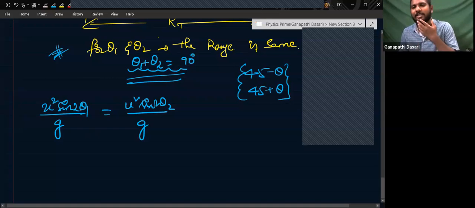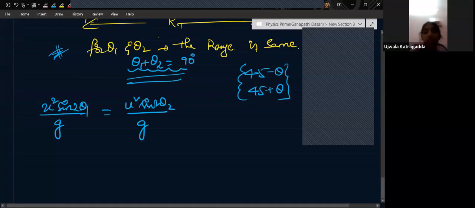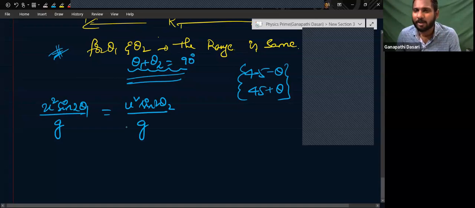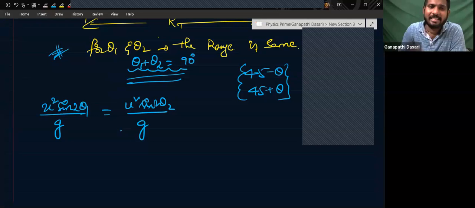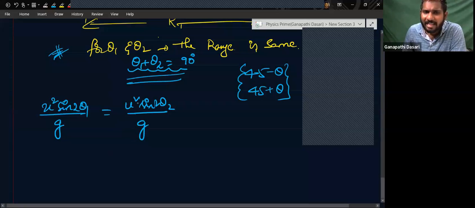Theta 1 is equal to theta 2, isn't it? Yes, sir. That is not a bother. Theta 1 equal to theta 2 case we know anyway. If angle is same, velocity is same, the range should be same. But here there are two different angles and the range is coming the same. So what I'll do is adjust this or this a bit. G cancels.